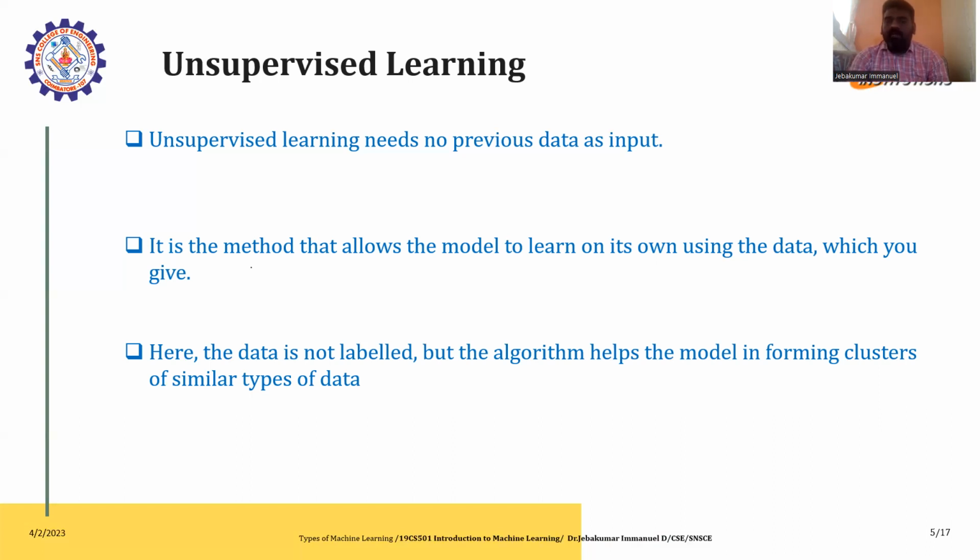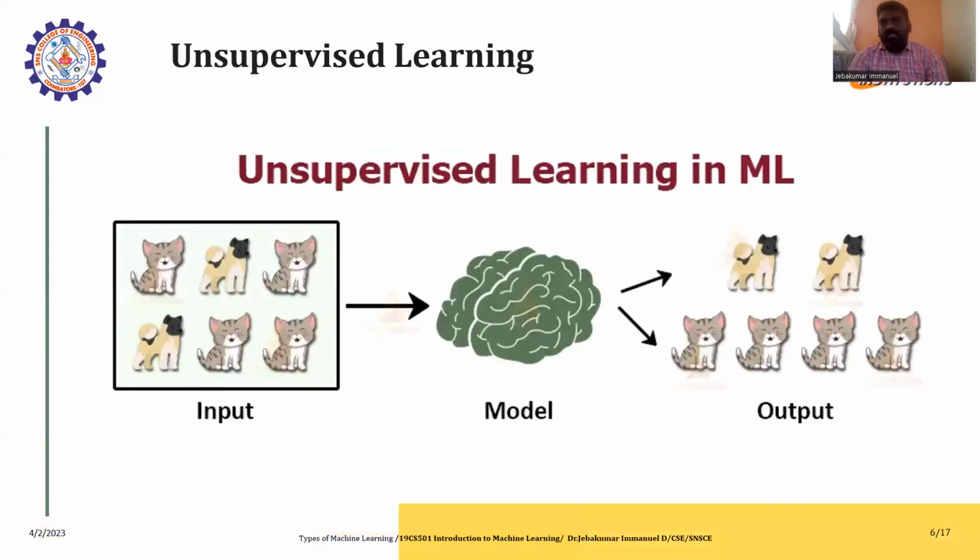How is it going to execute? This is a simple explanation of unsupervised learning. Our input image contains three cats and two dogs. This is the raw data input.